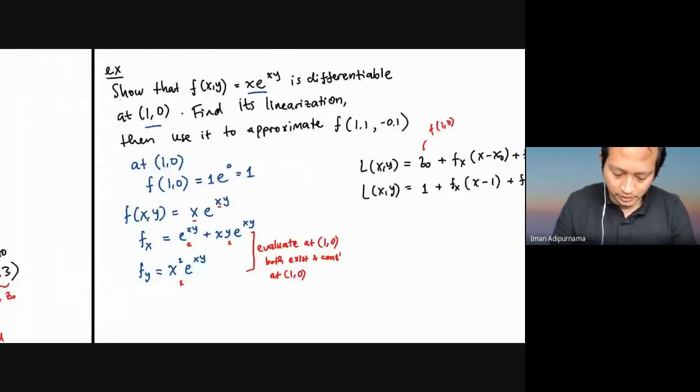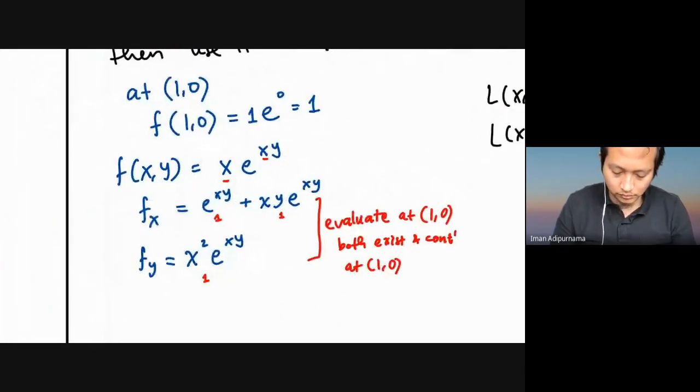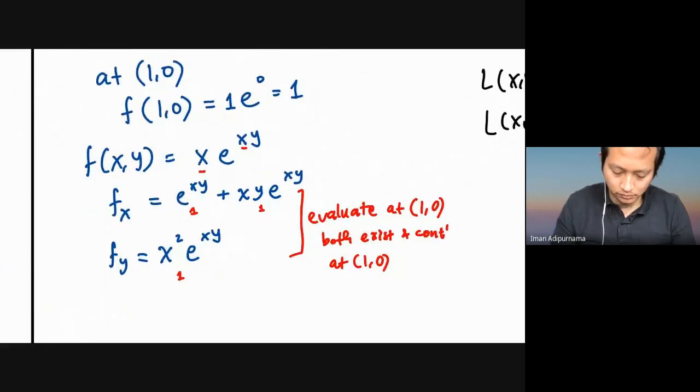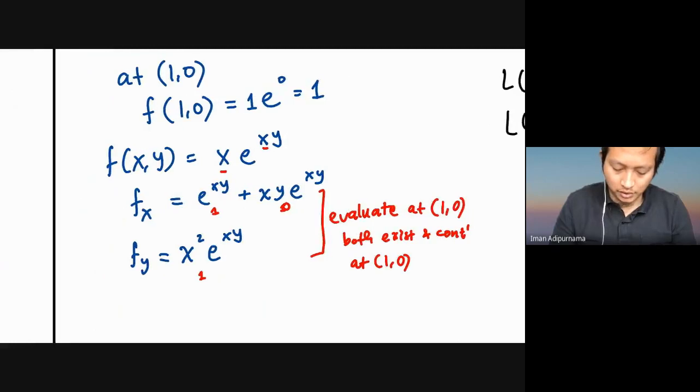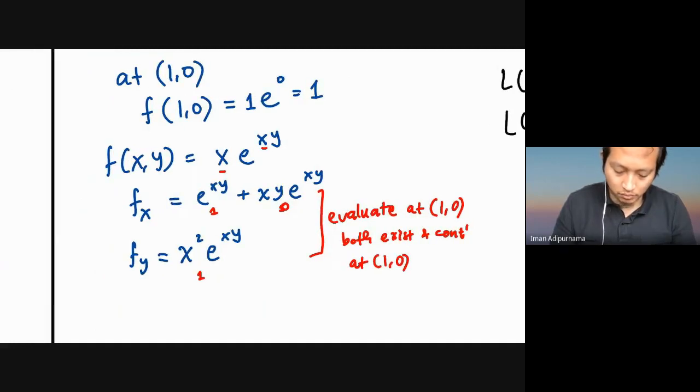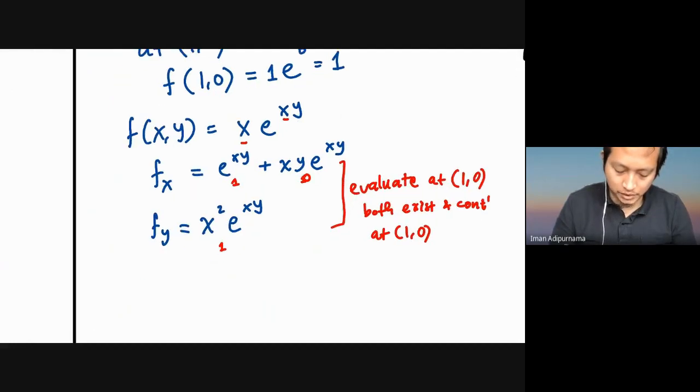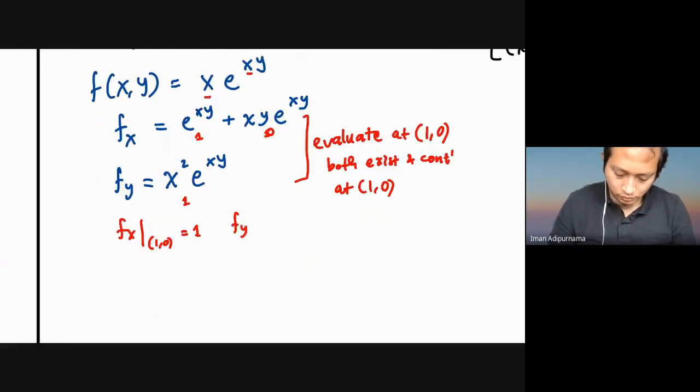And then partial x and partial y, sorry, both are 1. Partial x is 1, and partial y is also 1.